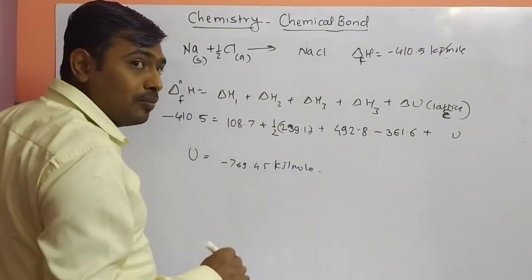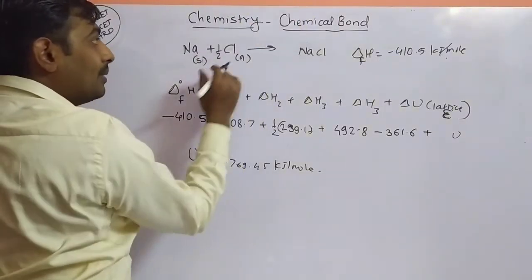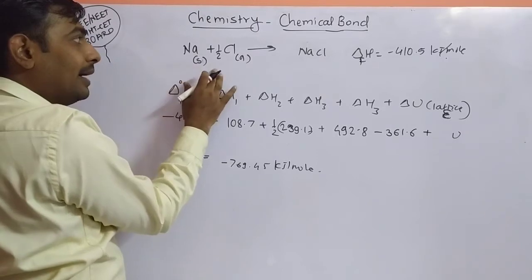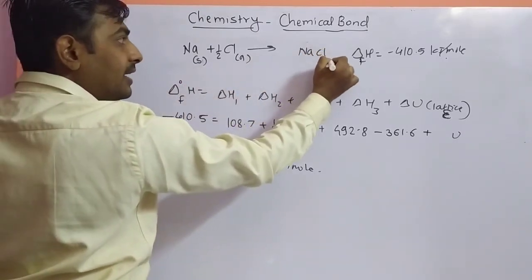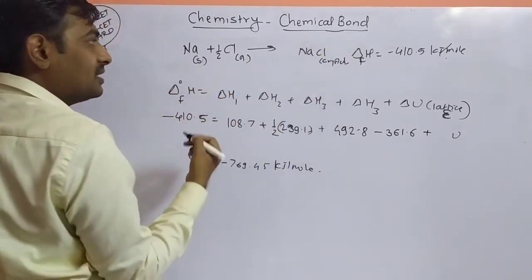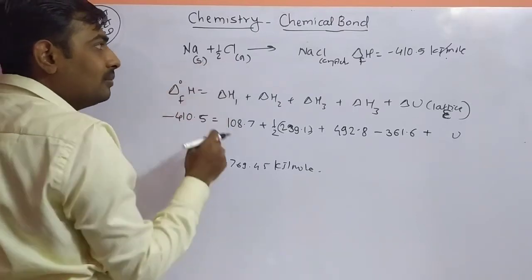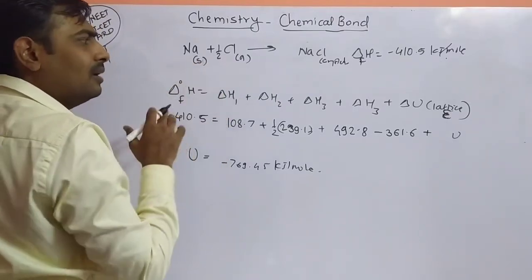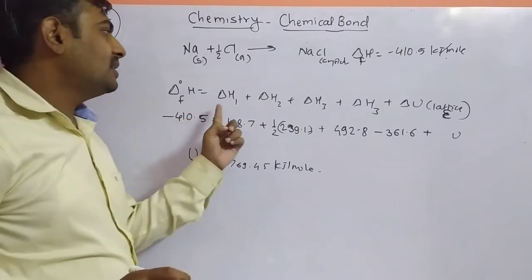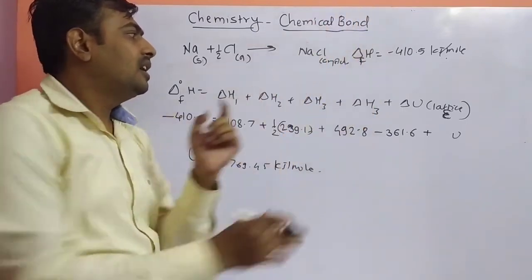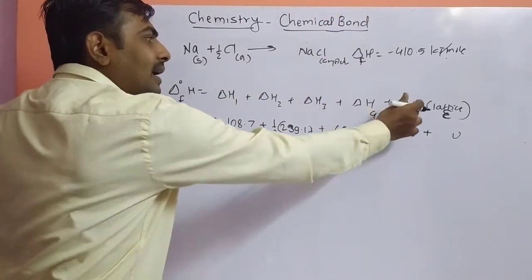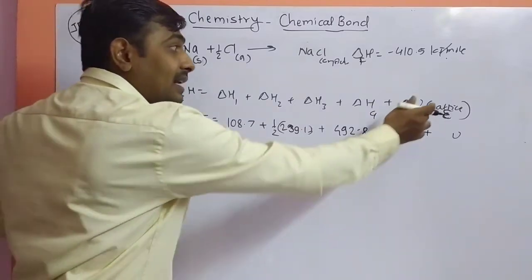So we have studied the Born-Haber cycle. The Born-Haber cycle gives sodium chloride formation in the crystal state, from solid sodium through gaseous sodium. First, the enthalpies required are H1, H2, H3, H4, and then the lattice energy of the reaction.